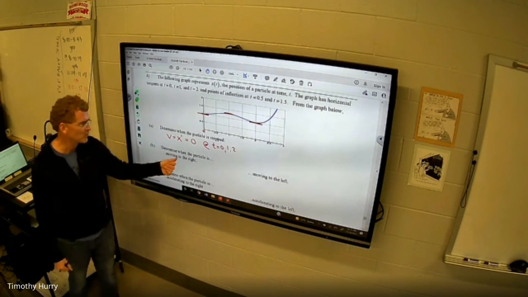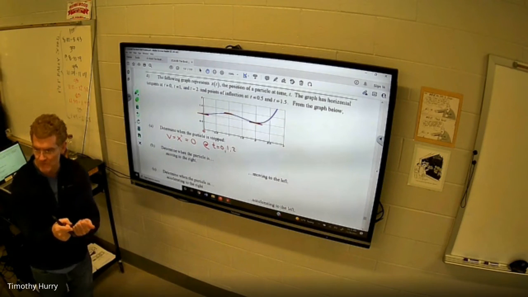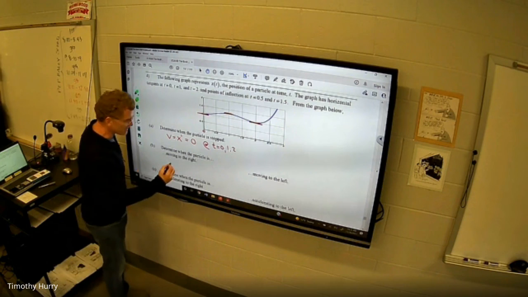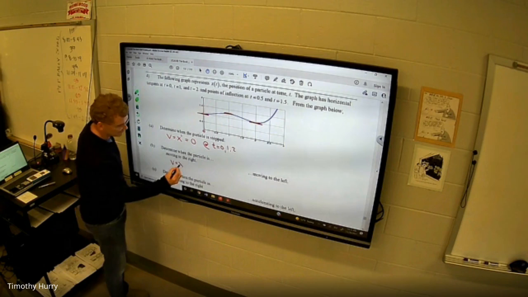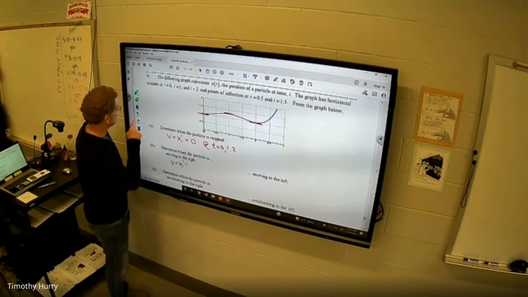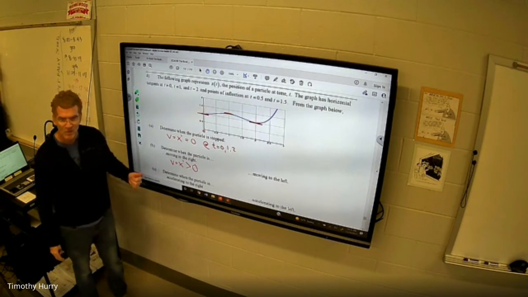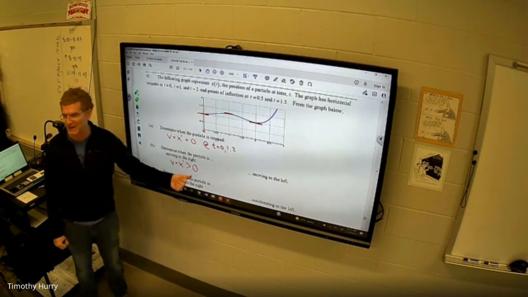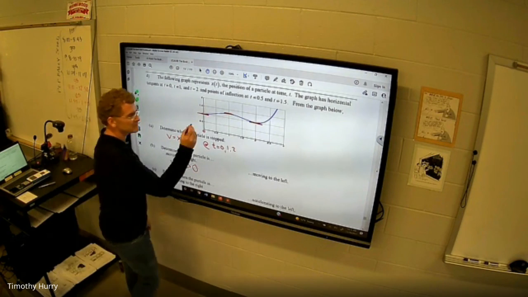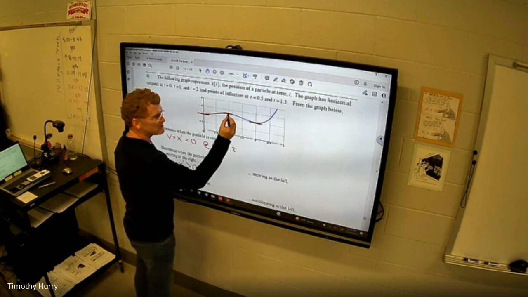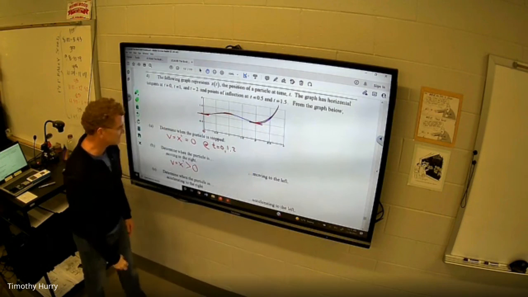Now, determine when the particle is moving to the right. What do we know about right movement? Positive velocity. What's the link between velocity and position? It's the derivative of position. So I want to know, when is velocity positive? That's moving to the right. Well, then I'm asking, when is the derivative of this positive? 0 to 1, positive slopes. 2 to infinity, positive slopes.